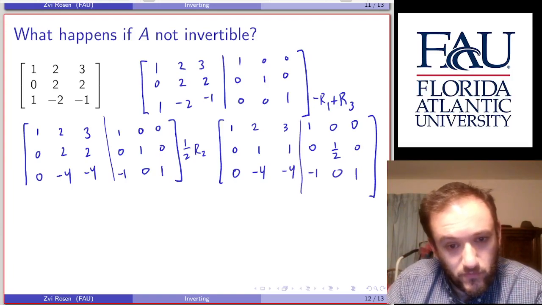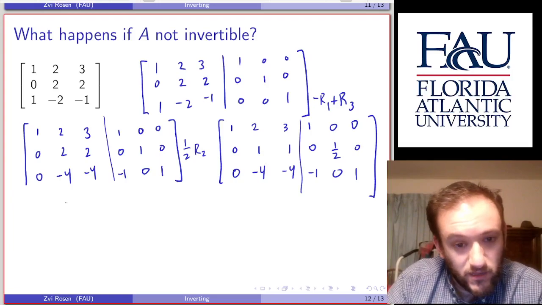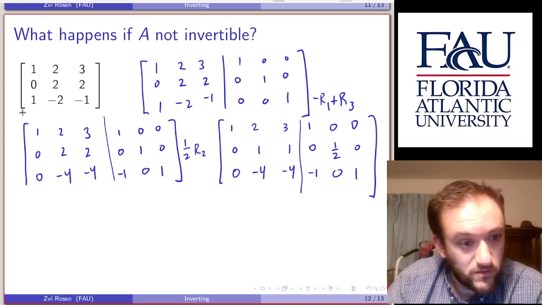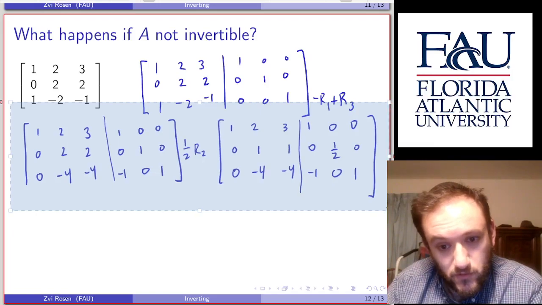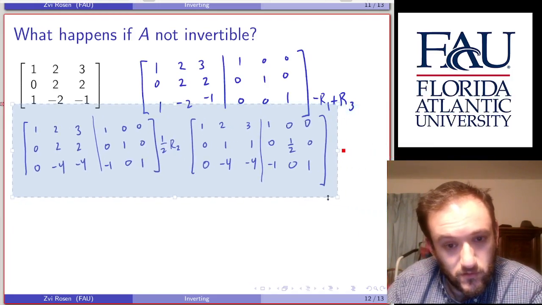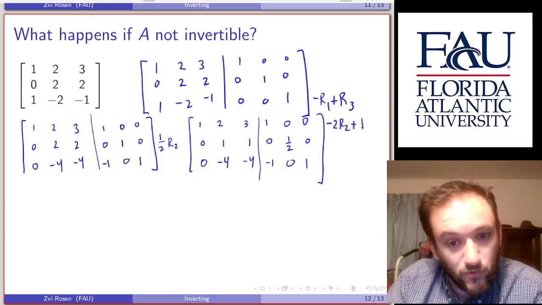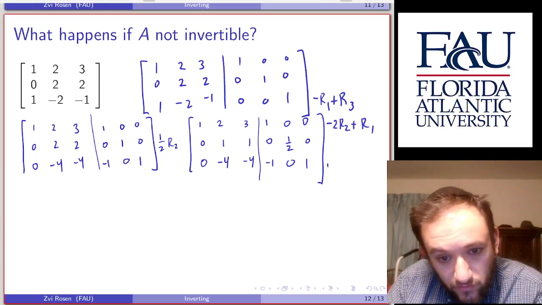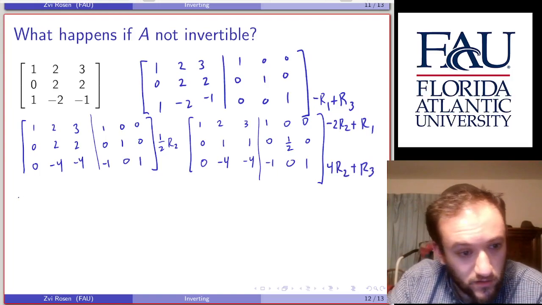Okay. Next, we want to cancel using the new leading 1. So we're going to add minus 2 times row 2 to row 1, and 4 times row 2 to row 3.